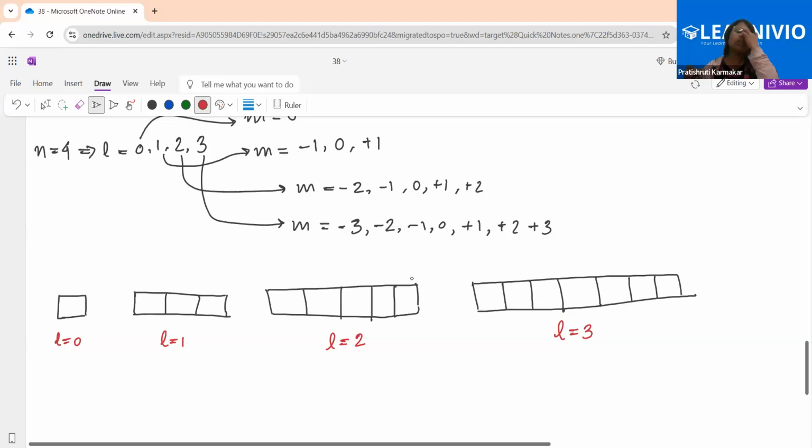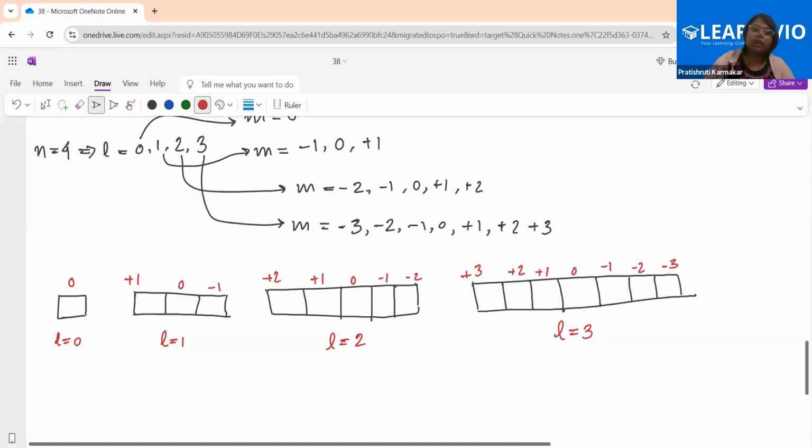So in the atomic structure part, it will be tough to repeat it again, okay? So this is +1, 0, -1, +2, +1, 0, -1, -2, and this will be +3, +2, +1, 0, -1, -2, -3.